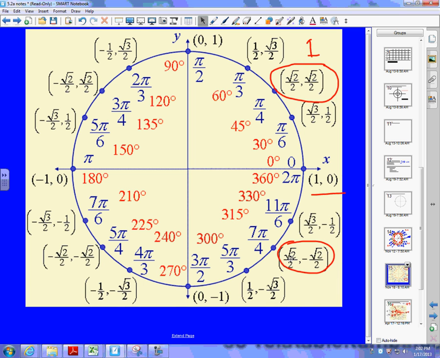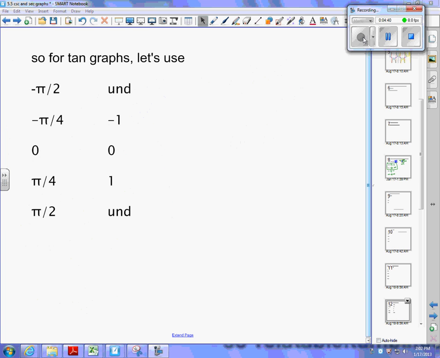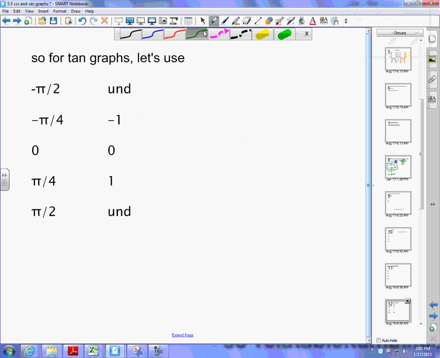Tangent of -45 is -1 when you stack these. So if you want to update your little table cheat sheet that I gave you, for tangents, we're going to use these 5 points right here. Okay, so we're always graphing 5 points.